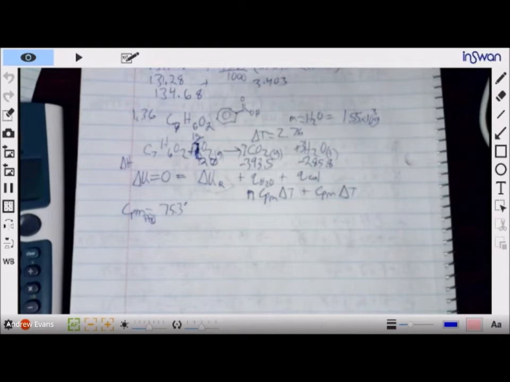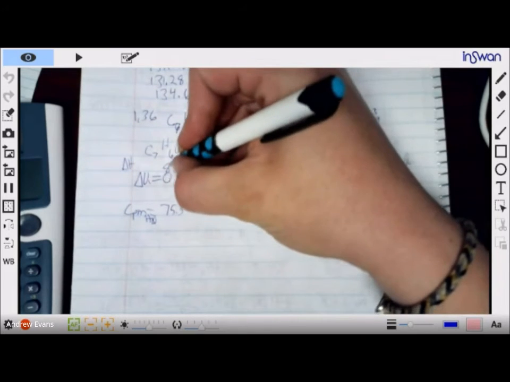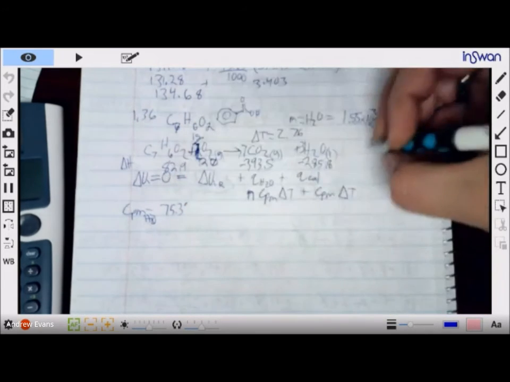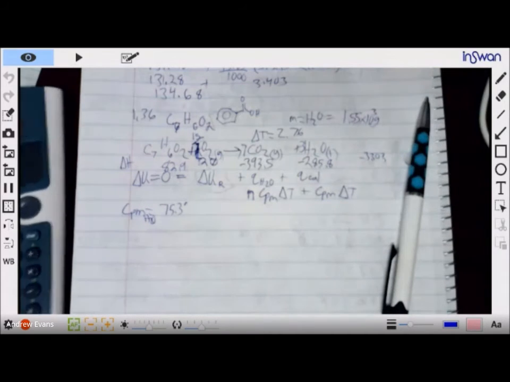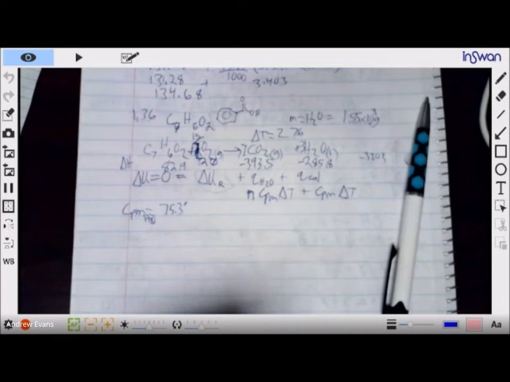We can probably cheat and say the heat of combustion is negative 3303.